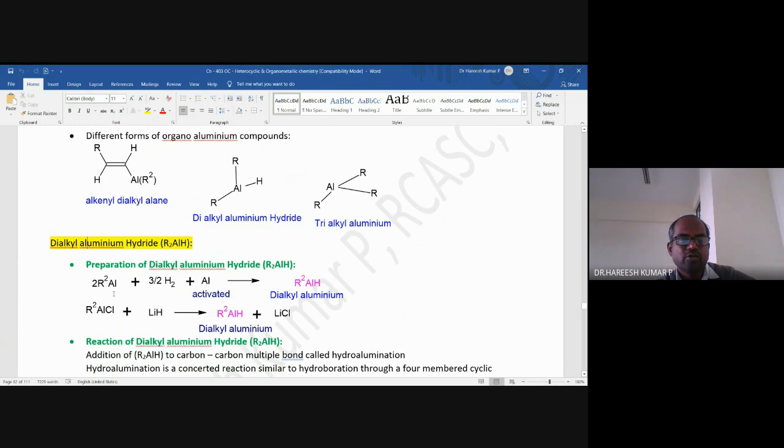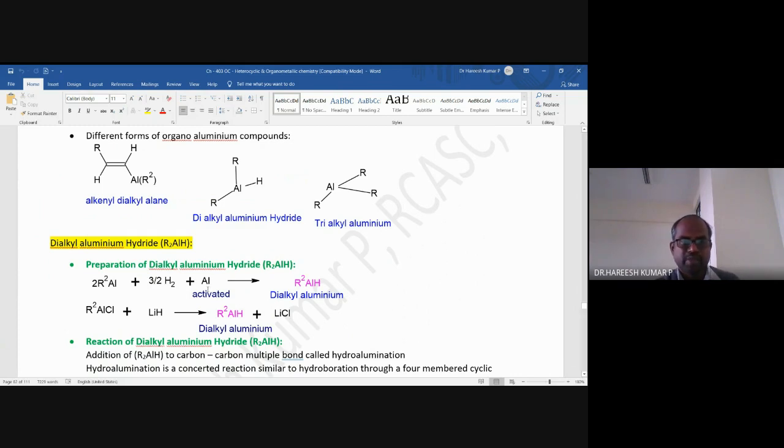R2Al is called dialkyl aluminum. More particularly, two equivalents are taken and treated with three-halves part of hydrogen and activated aluminum. You may be aware of the difference between activated and crude; here the aluminum taken is activated, like activated charcoal.